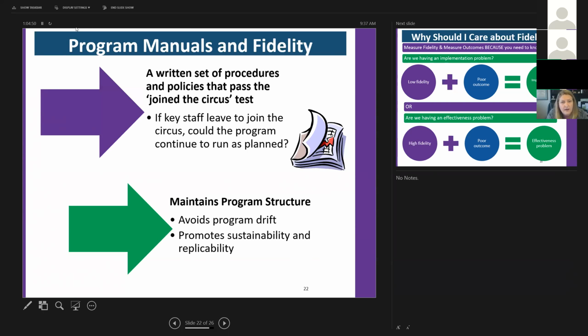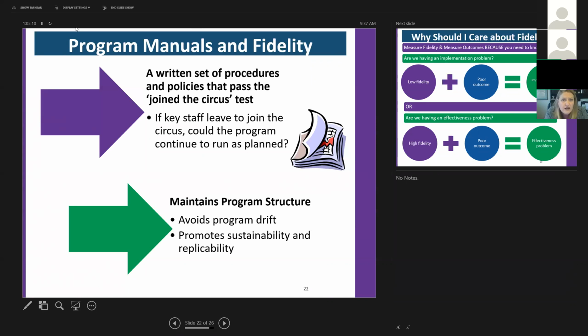So I'm going to pause here. I do have a question around the program manual. The worksheet related to policies and procedures, can it be sent out to all of us? Absolutely. I'll be happy to provide that to Abby and Julie, and they can send it out when they send the slides. No problem.